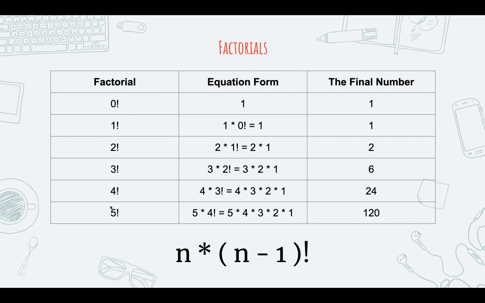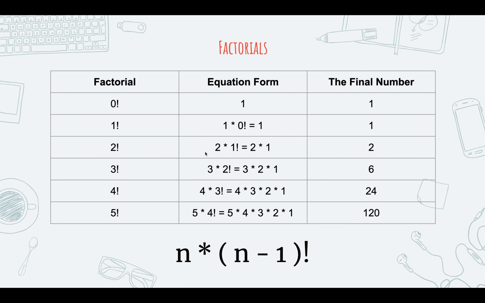If you look at 5 factorial, the exclamation point tells us that we want to get a factorial. We simply do 5 times 4 times 3 times 2 times 1. To get 4 factorial, we do 4 times 3 times 2 times 1. For 3 factorial, we do 3 times 2 times 1, 2 factorial, 2 times 1, and then 1 factorial and 0 factorial, which I will discuss a little bit later.